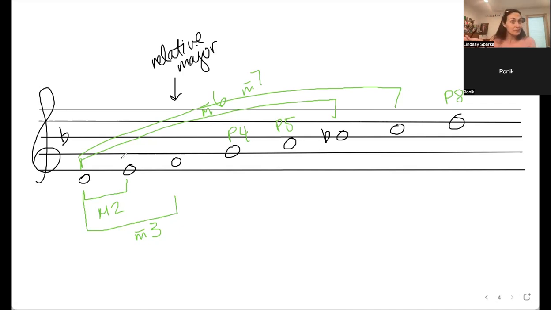If it does, it's major. If it doesn't, how does it relate to the major? If it's a half step shorter or more narrow, then it's minor. If it is a half step larger, it's augmented. If it's a whole step shorter, it's diminished. And so that's an easy-ish way for me to figure out quality.